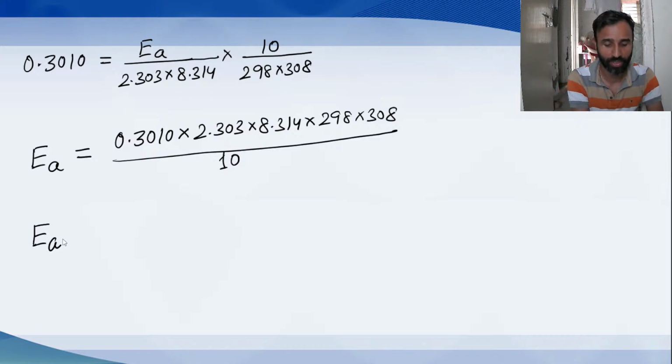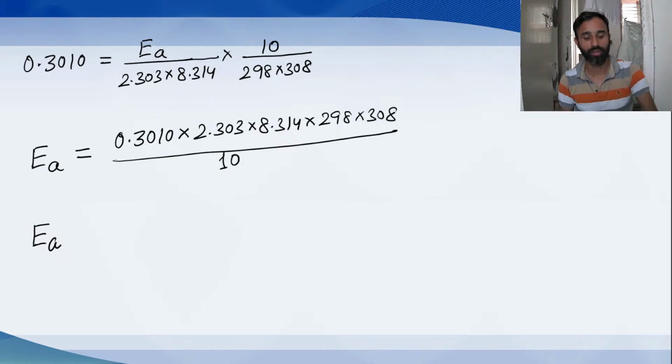So activation energy equals, just multiply them, 0.3010 into 2.303 into 8.314 into 298 into 308.